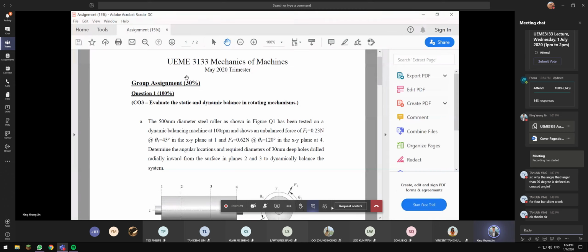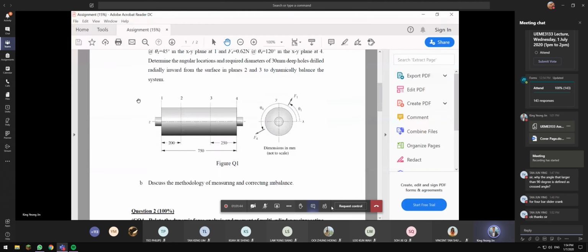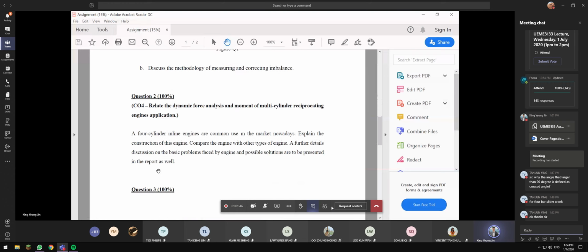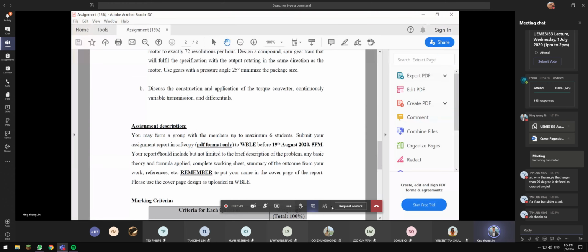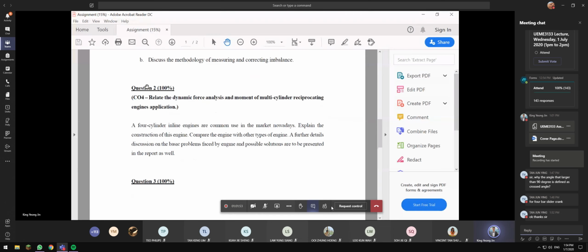And the assignment is also part of our OBE, outcome-based education, so it is linked to three outcomes. Question 1 is linked to outcome 3, question 2 is linked to outcome 4, and question 3 is linked to outcome 5.